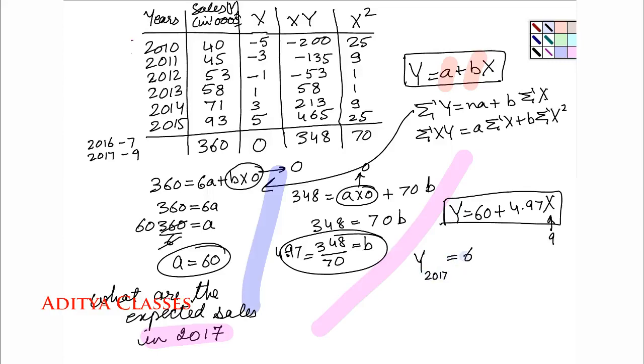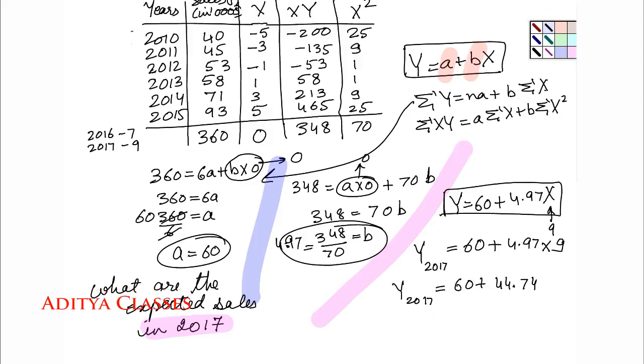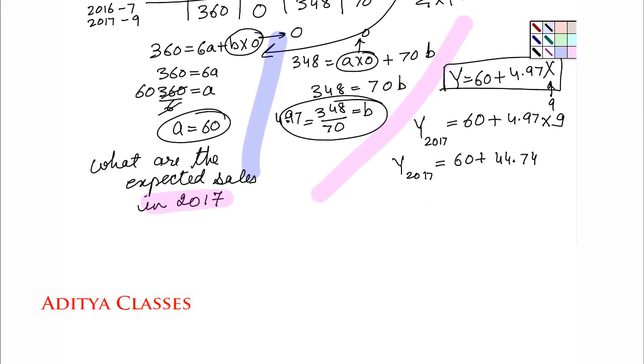So I get y for 2017. What is it? 60 plus 4.97 times 9, which if you further solve comes out as y for 2017 is equal to 60 plus 44.74, which when solved is 104.74.